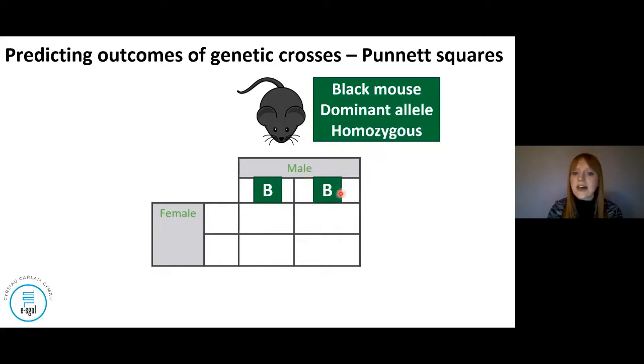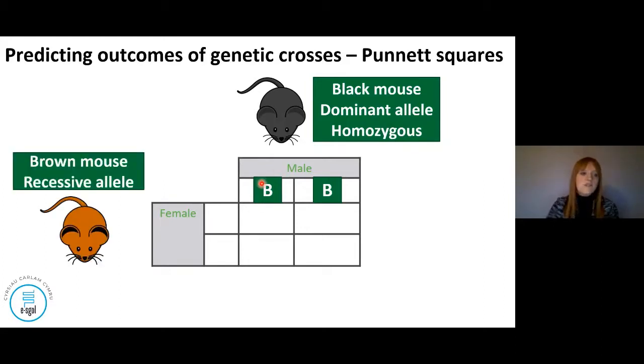These are the sperm cells that are going to join with the egg cells to produce their offspring. Remember, just one copy of the allele goes into each sperm cell. So all of his sperm cells are going to house the dominant allele. We're going to cross that with our brown mouse, so the recessive allele.